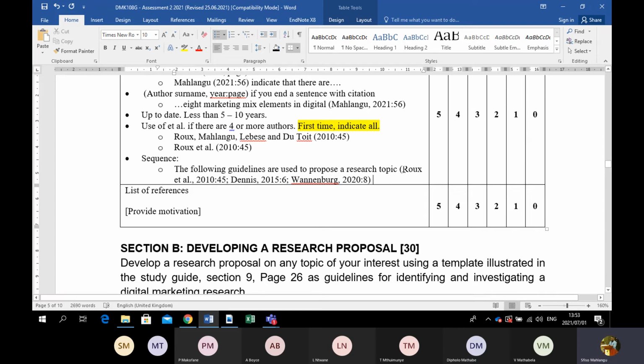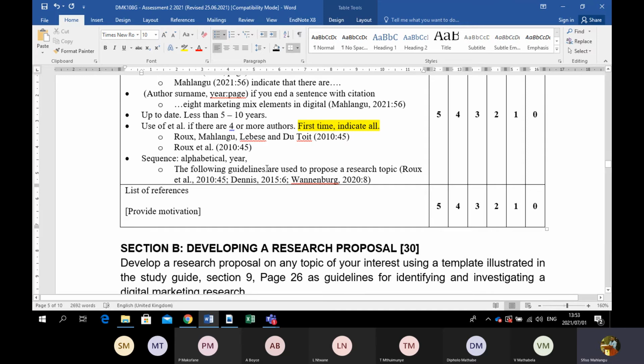So the sequence, meaning does this article get written first, or should Dennis come first, or Wanenberg? The sequence could be alphabetical, depending on the citation, or by year.